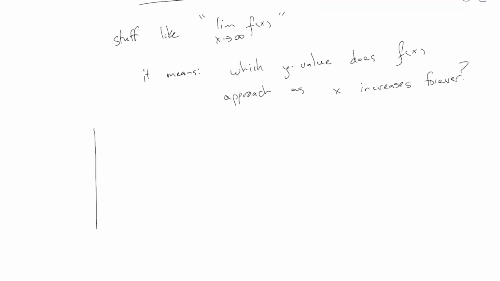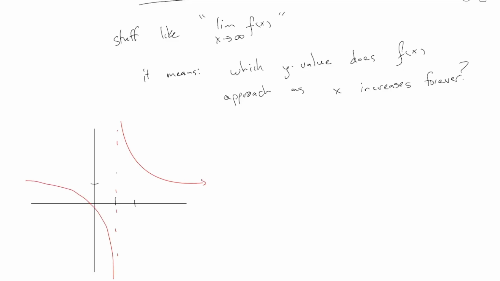Actually, there's sort of another word for this that I think you're familiar with, but here's an example on a picture. Let's say I have a function that does this. This is a function that looks vaguely like 1 over x. Goes like that, up there, all right?